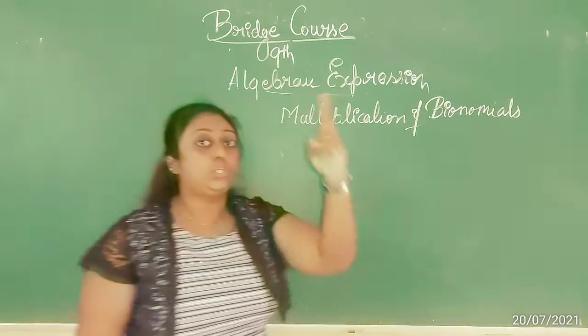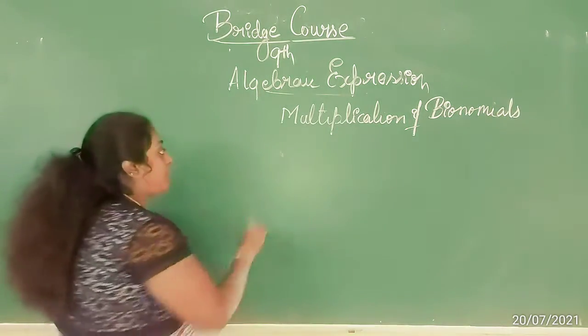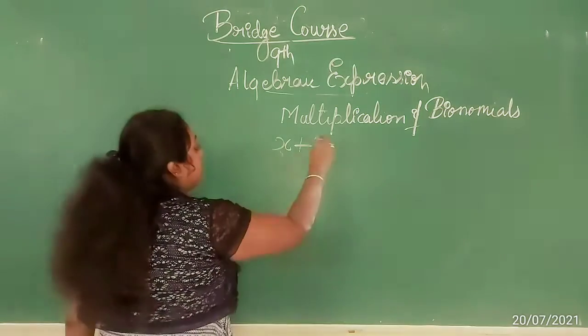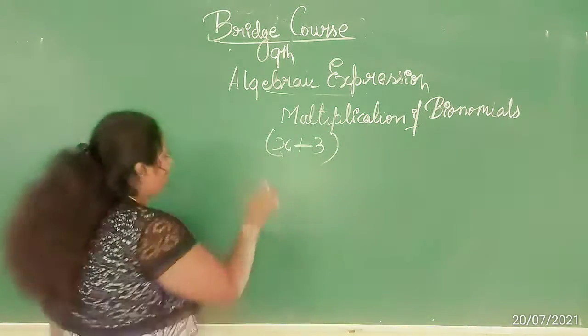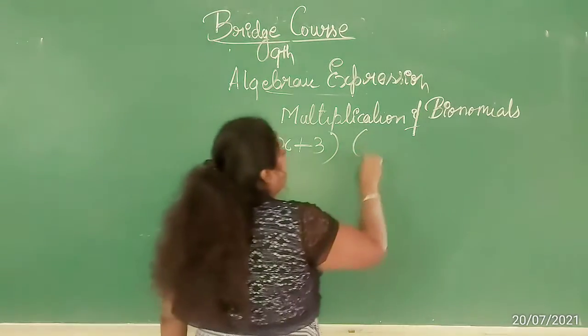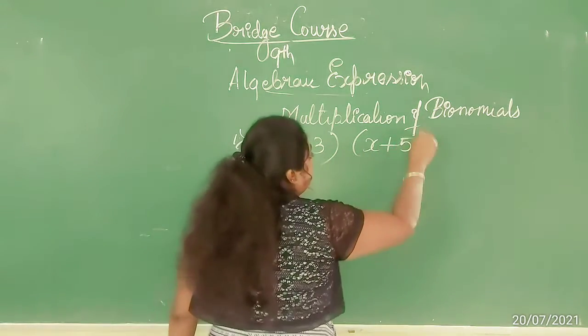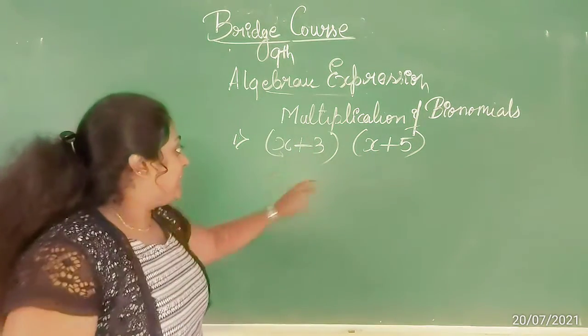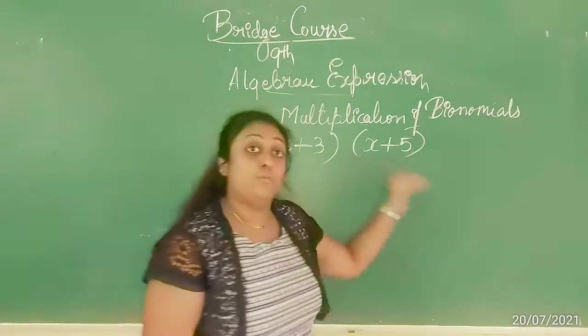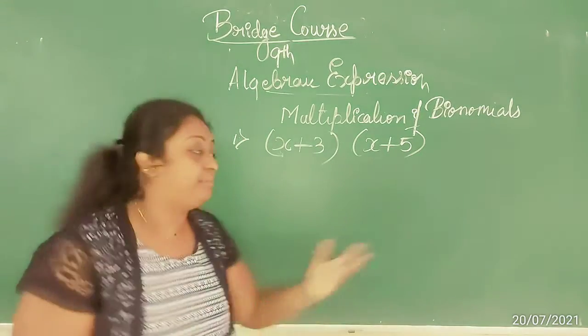Binomial means what? Two algebraic terms. Now let me take here x plus 3, okay, into x plus 5. Now multiply. You have to multiply these two brackets. Now how will you multiply it?